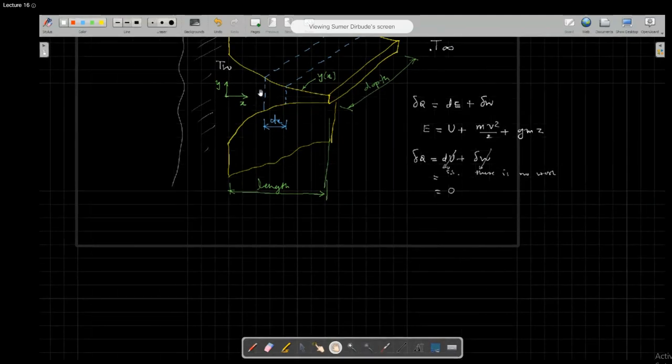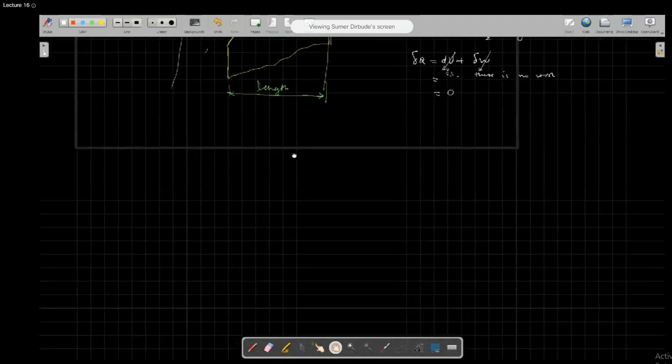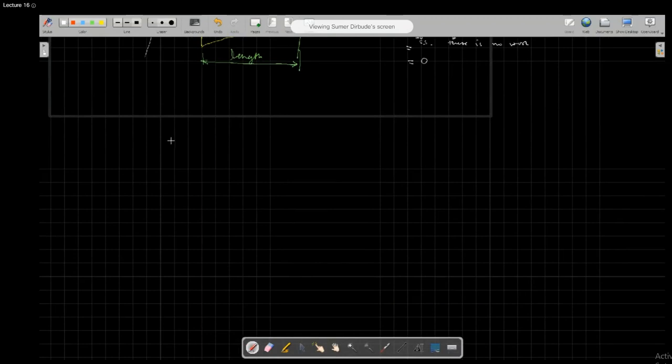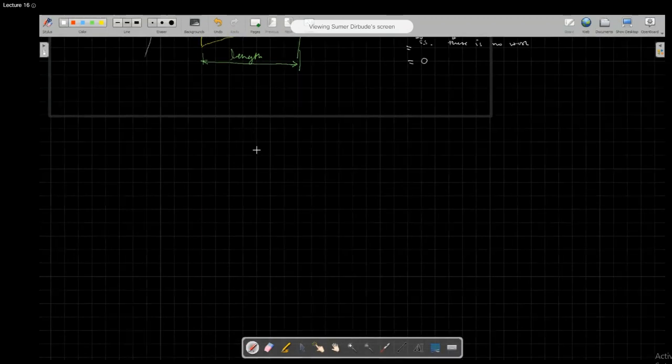So if you take this element and take a Q balance, I mean a heat balance, then you can get a governing equation, which also can be derived from the equations we have derived earlier. Okay, these two are not different things, they are the same.